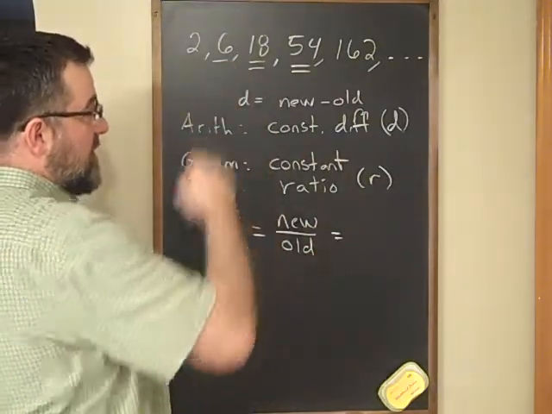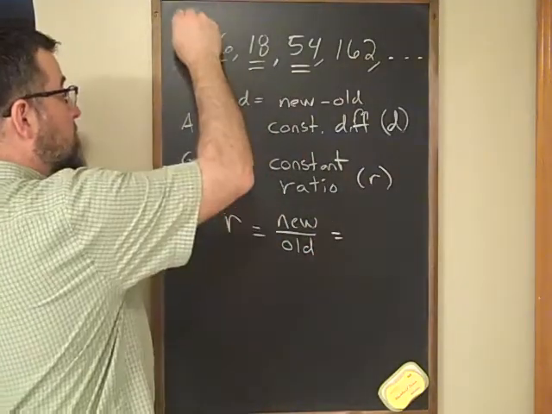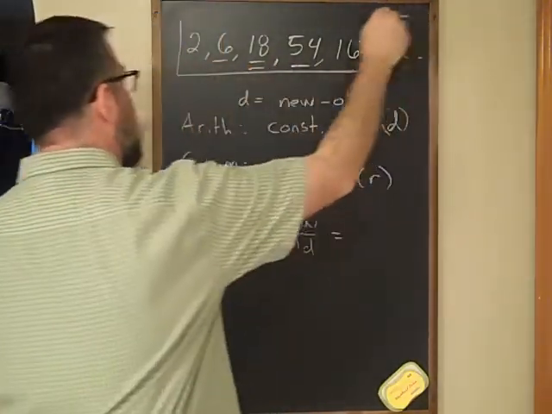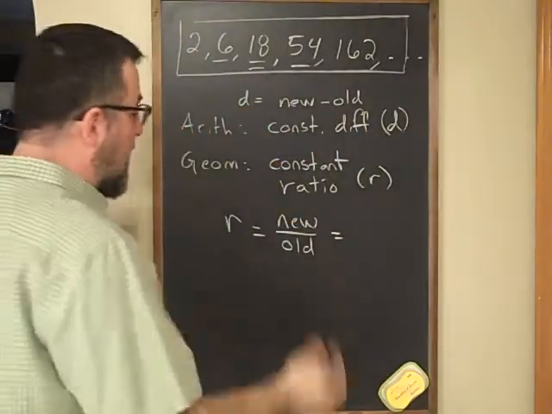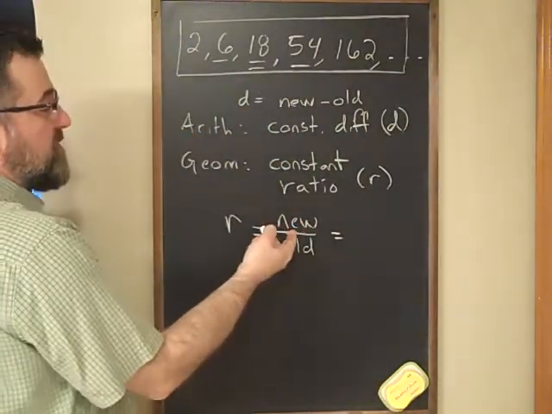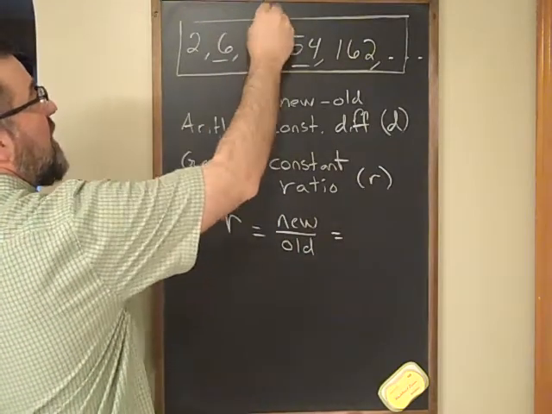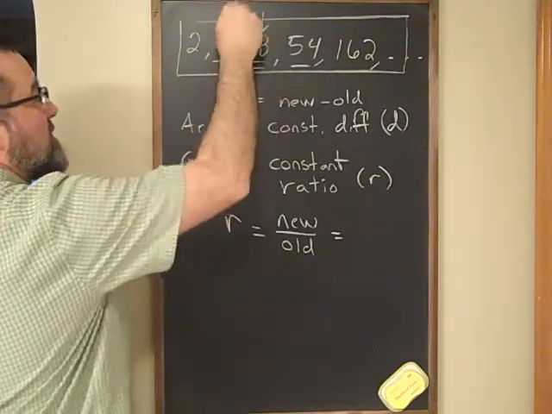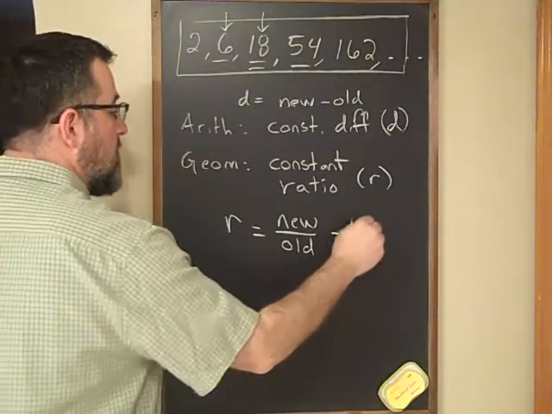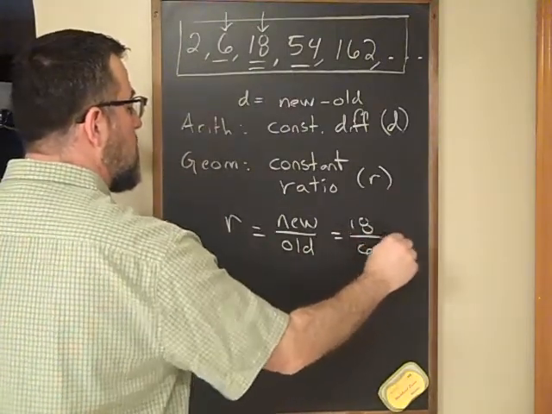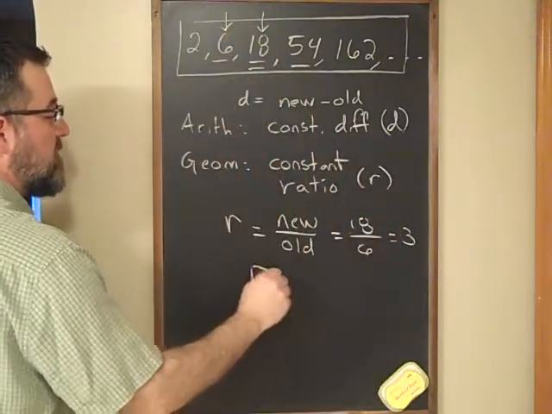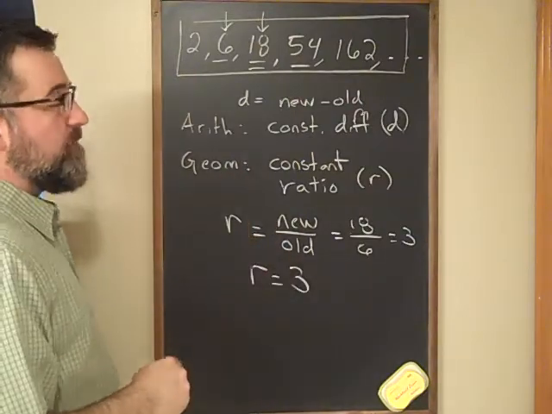So in this case, if we were looking for the constant ratio of this geometric sequence, we take any term, which we consider to be the new term, we divide by the old term. So here I'm going to choose 18 as my new term, 6 as my old term. So the constant ratio for this sequence is going to be 3.